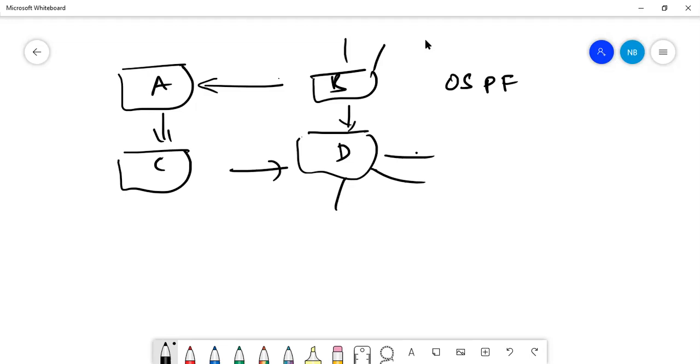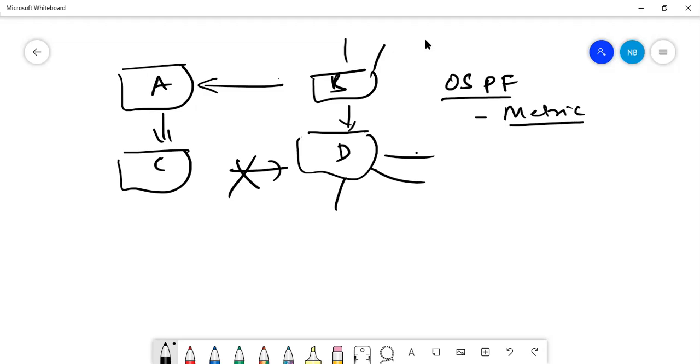So what happens here is, if any one of the connections fails, what is the process then? So according to OSPF, there is one kind of a metric which is used here.